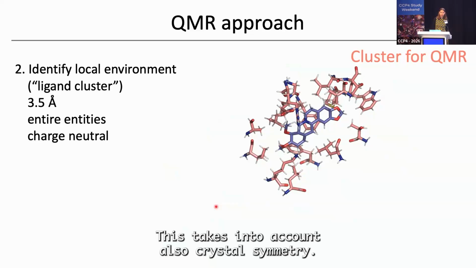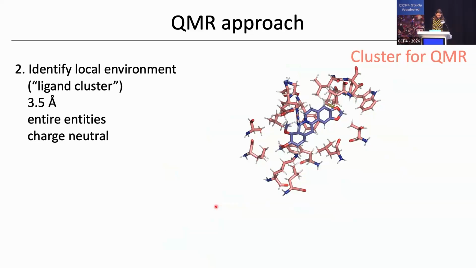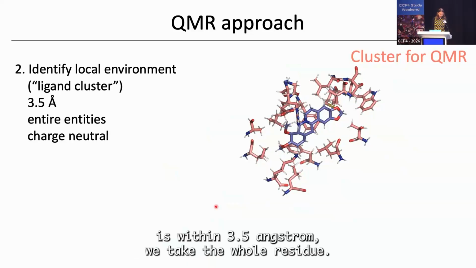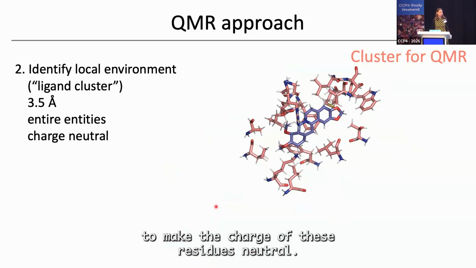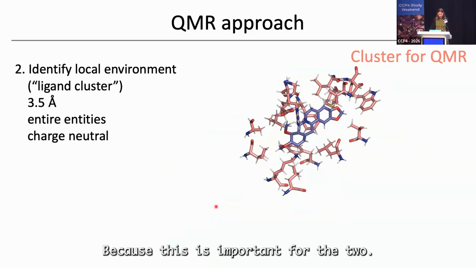This takes into account also crystal symmetry. We are using entire entities. So if only one atom of a residue is within 3.5 angstrom, we take the whole residue. And then we also add hydrogens to make the charge of these residues neutral, because this is important for the QM minimization. So then we do the minimization.